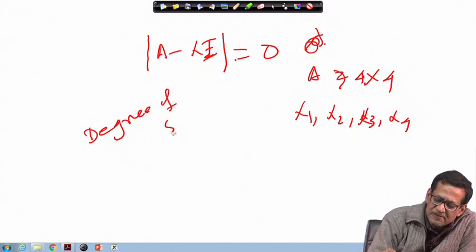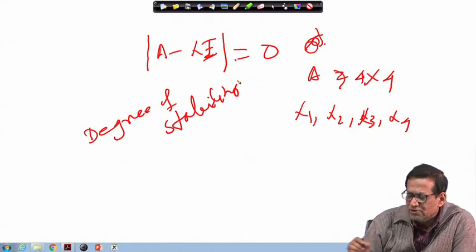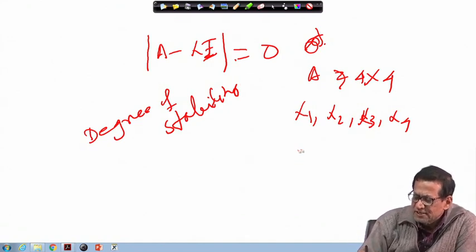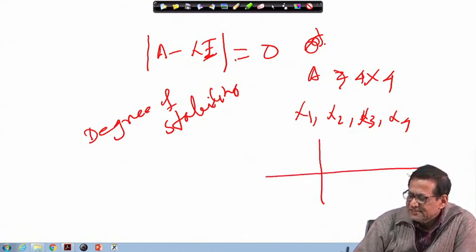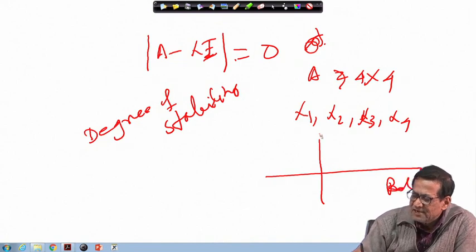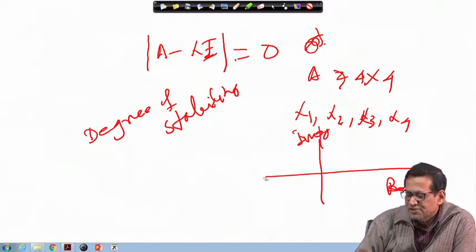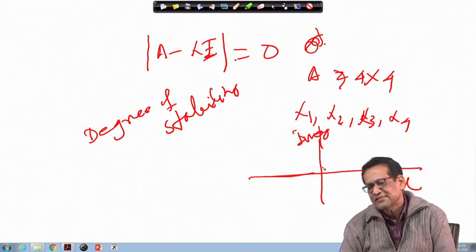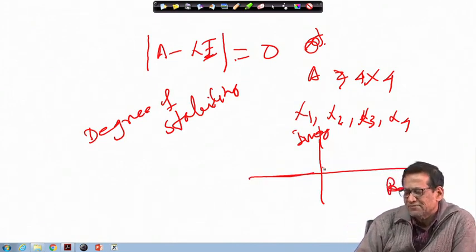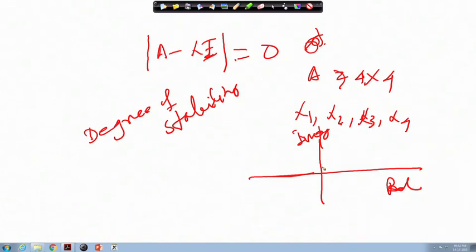After that the concept is the degree of stability. You know these eigenvalues; this is the real part and this is the imaginary part. If your system is stable, all the eigenvalues will lie in the left half of the s plane, meaning their real parts are negative.